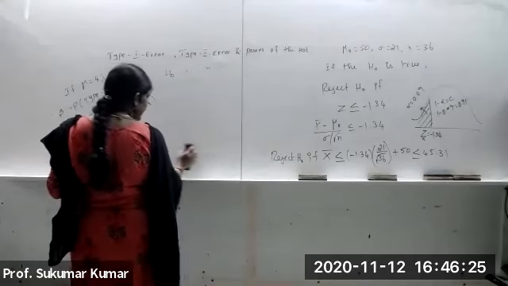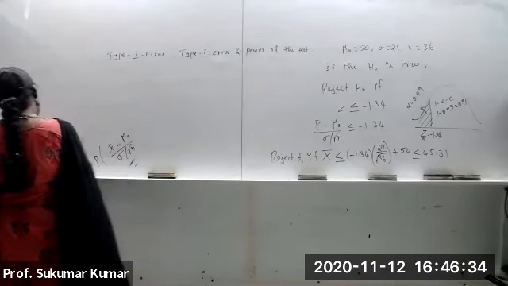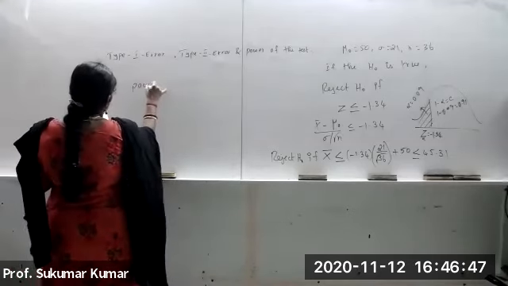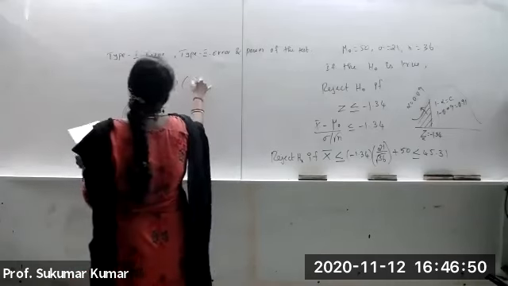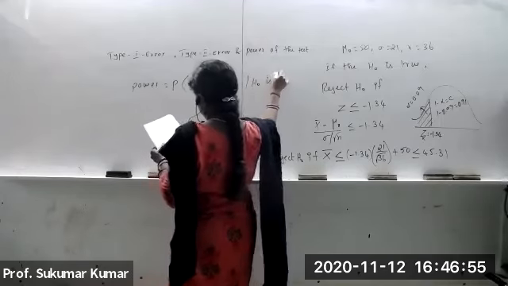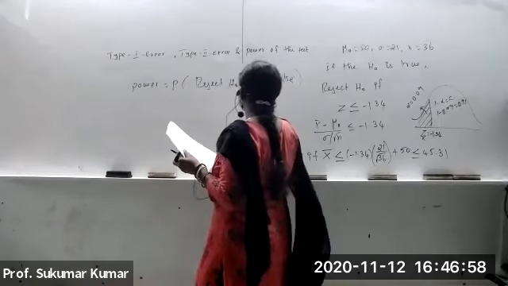One is 1 minus beta, and the other is probability of rejecting h naught given h1, equal to 1 minus beta. பவர் இஸ் ஈக்குவல் டு ப்ராபபிலிட்டி ஆஃப்... இந்த ஸ்டேட்மெண்ட் கொடுத்துருக்கிறேன், பவர் டெஃபினிஷன்.